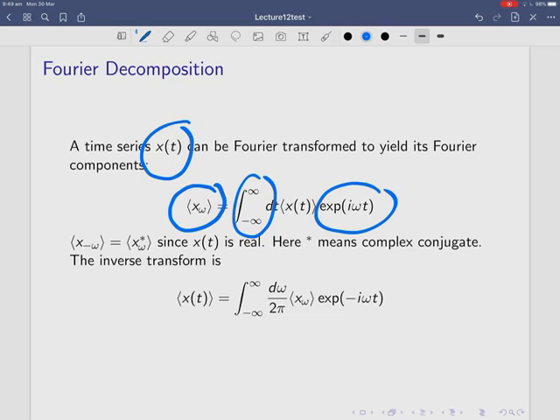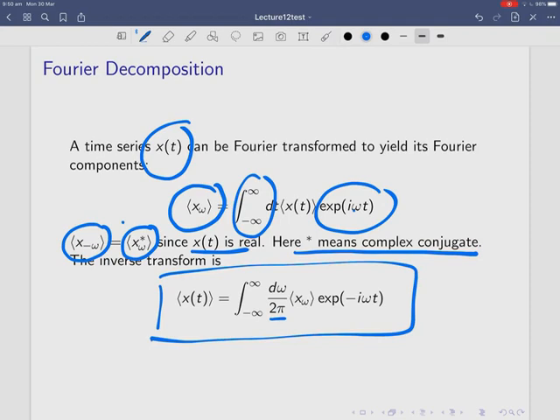We know, of course, that x of minus omega is x star of omega, where star means complex conjugate, because x of t is real normally in these situations. The inverse transform you get by replacing the plus i by minus i and dividing by 2 pi. And that gives you the inverse of the average.